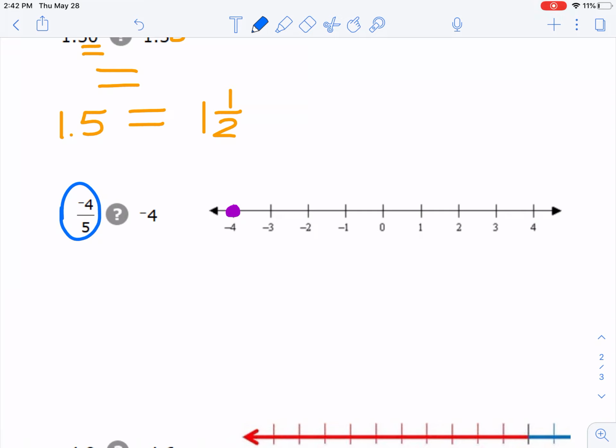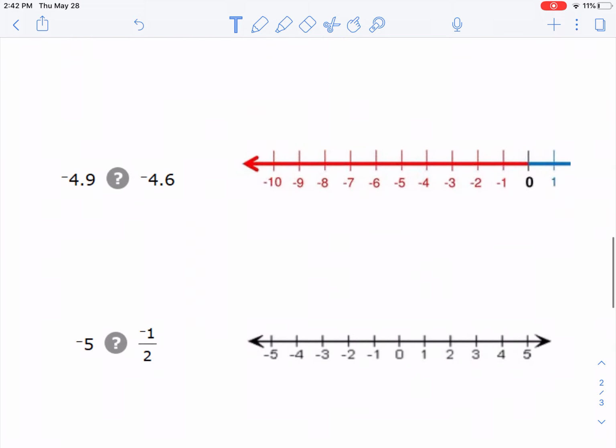Well, I know -5/5 is the same thing as -1. So I know -4/5 is just going to be right before -1. So now, which one is closer to 0? I know that -4/5 is closer to 0, so my symbol is going to eat the larger number.